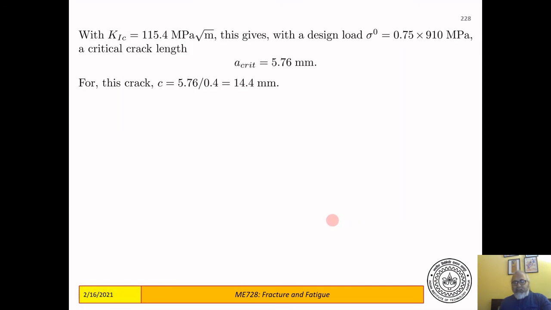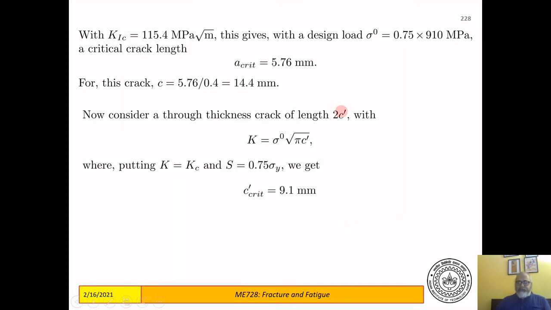And indeed we find out that for a crack length of 2c equal to 28.8 millimeter, K would breach the fracture toughness, which is given here, of the material.